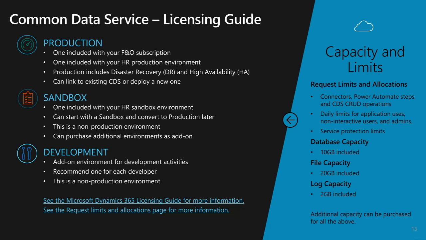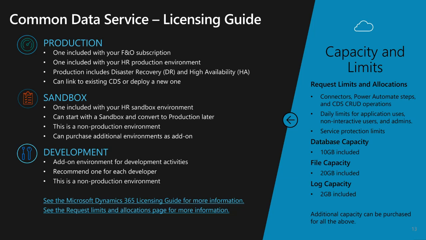And in addition to these instances that are incorporated with your subscriptions, for the Common Data Service, there's also a concept of request limits and allocations. And this is to protect the service from runaway transaction volumes.